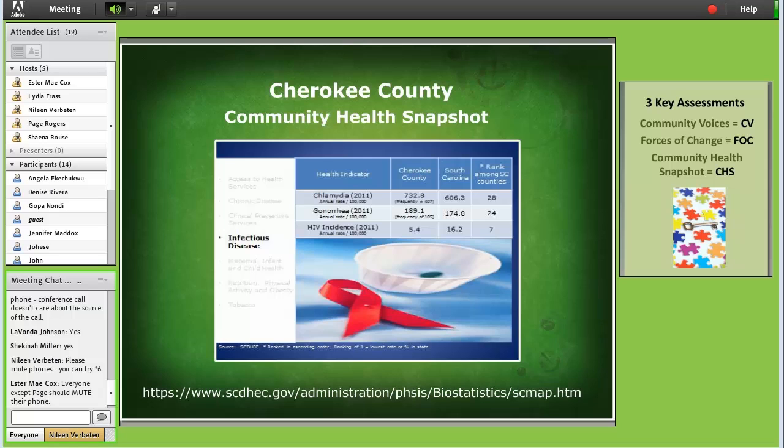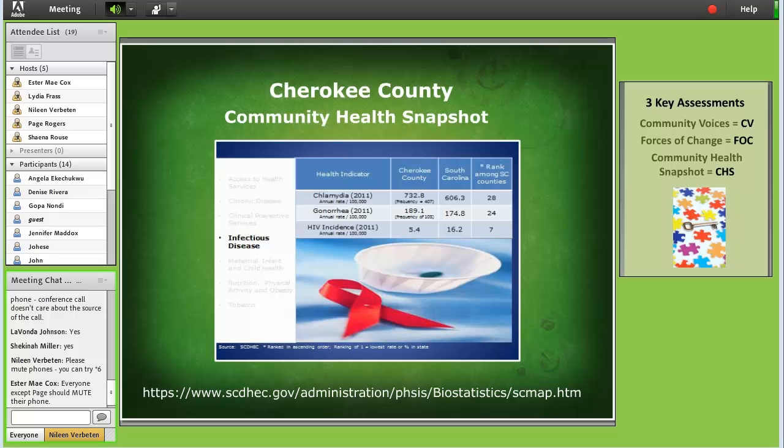So it was a way to get very consistent data for all of those categories listed there on the left side. I'll put the website information below so you can see where that is, and if you're in South Carolina, you can just click on your county and that particular information will come up.